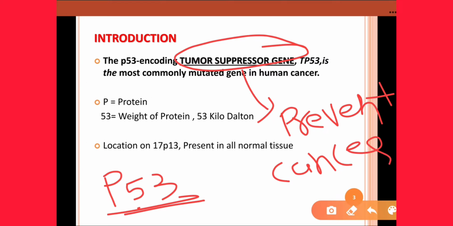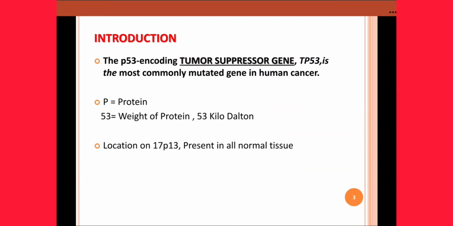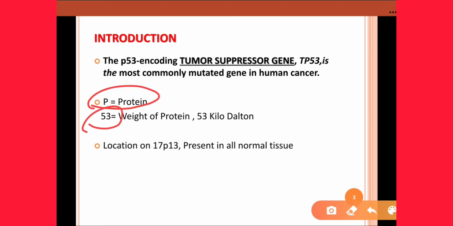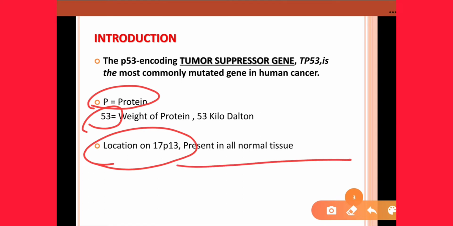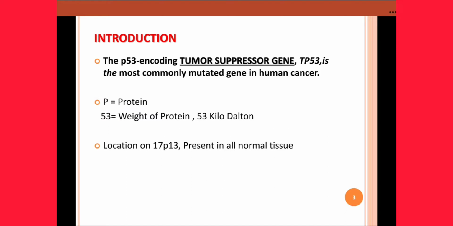This TP53 produces the P53 protein that is responsible for prevention of cancer. Here the P stands for protein and 53 stands for the weight of the protein, that is 53 kilodalton, right? The location of P53 is on chromosome number 17 short arm, right? And it is present in all normal tissues, right?